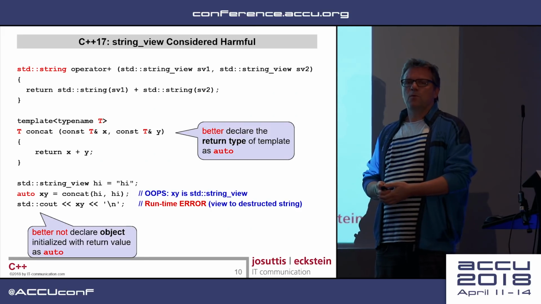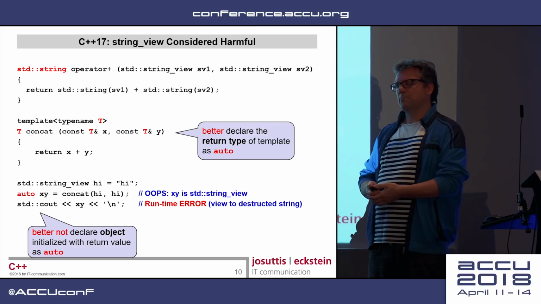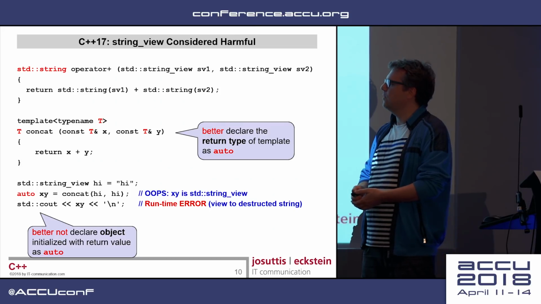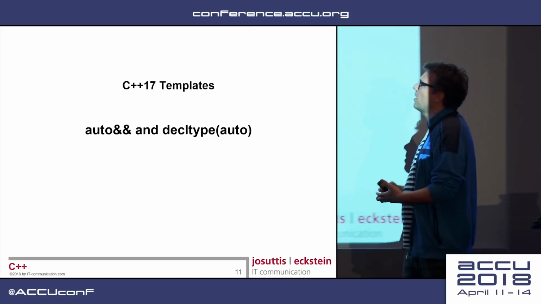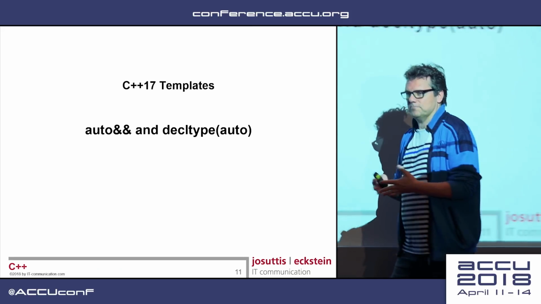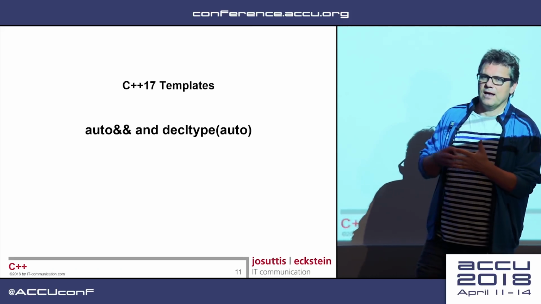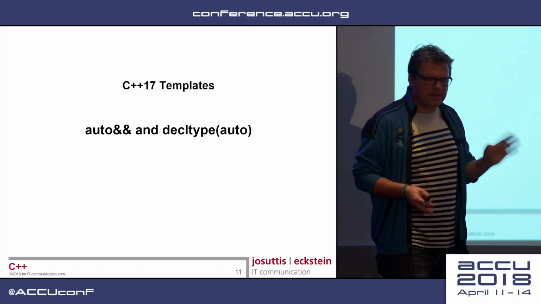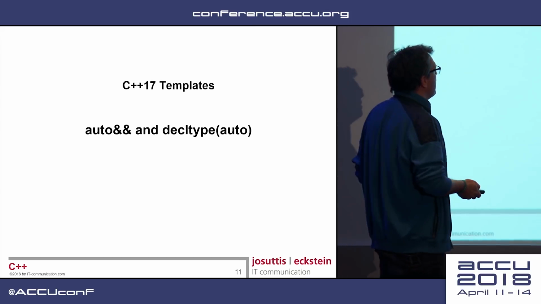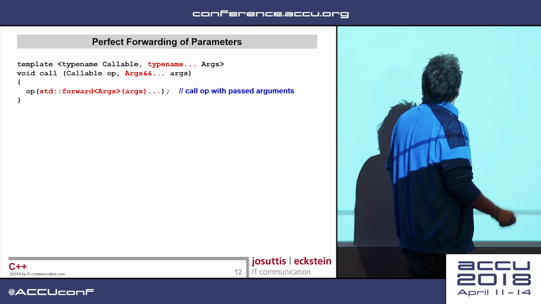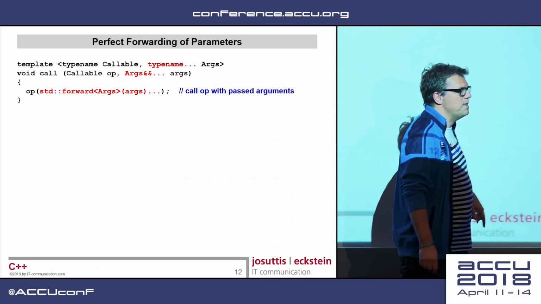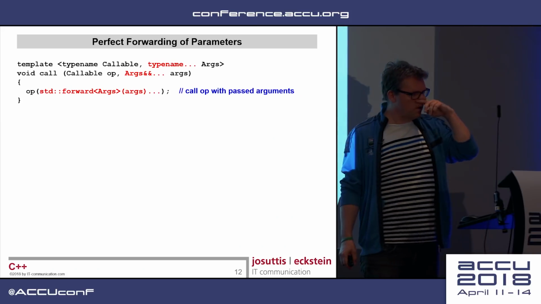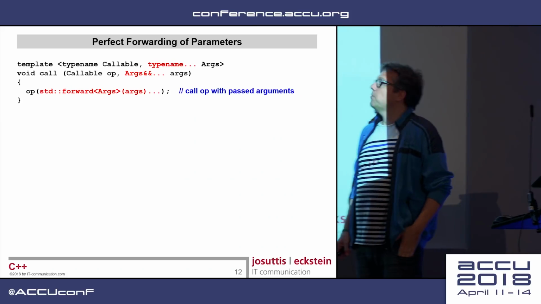Good. So we have thought a bit about templates, auto now. There is more than auto. There's auto-ref-ref and decltype(auto), which are the other things for generic programming. And if auto is that easy, auto-ref-ref and decltype(auto) should be also there. So why do we need them? We have perfect forwarding, which you probably all know.